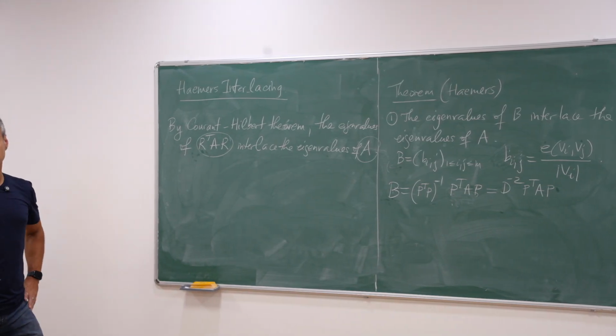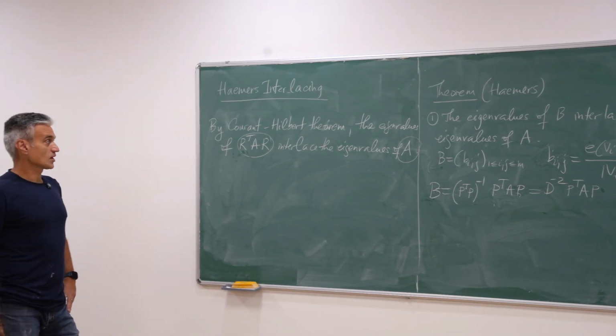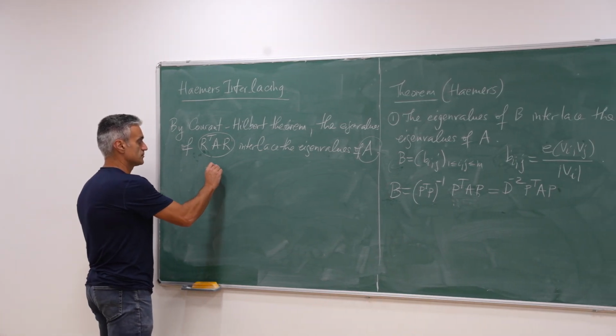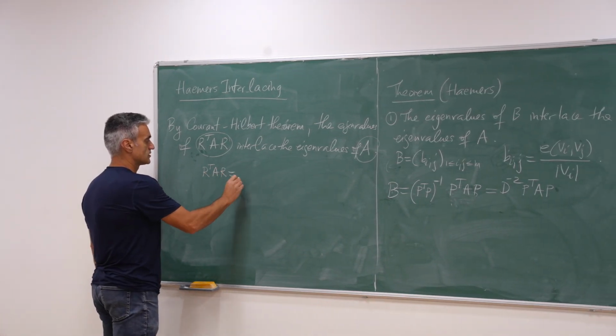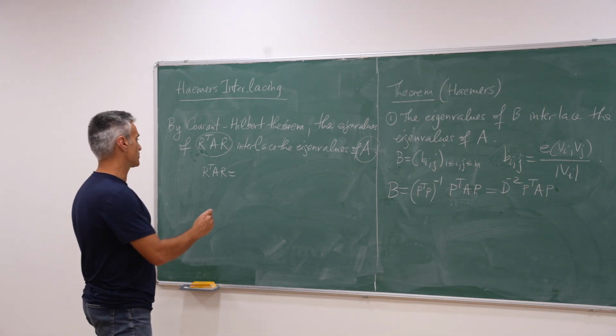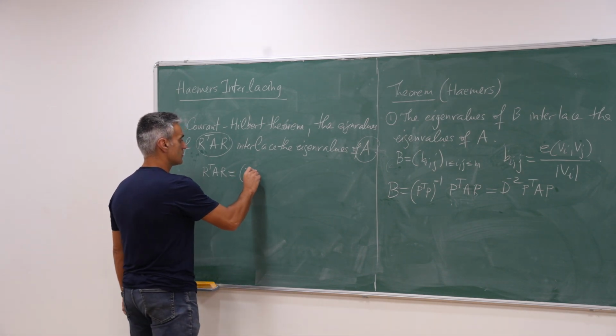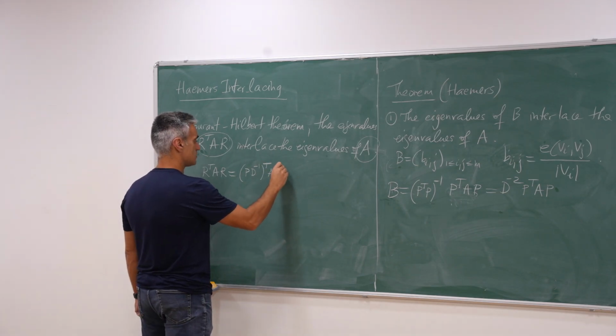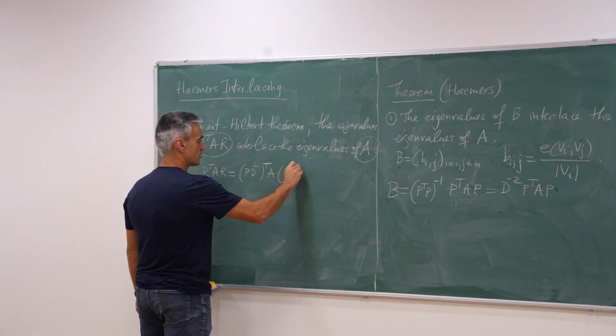I know, it's a lot. So now let's rewrite R transpose AR a little bit. R is PD minus 1, so you'll have PD minus 1 transpose A times PD minus 1.